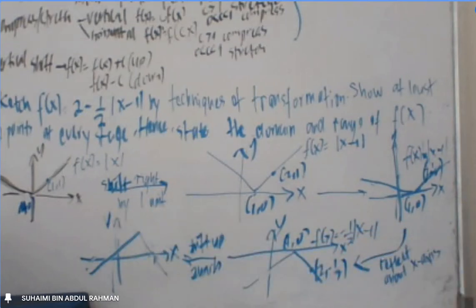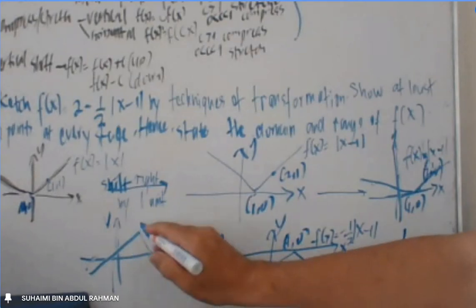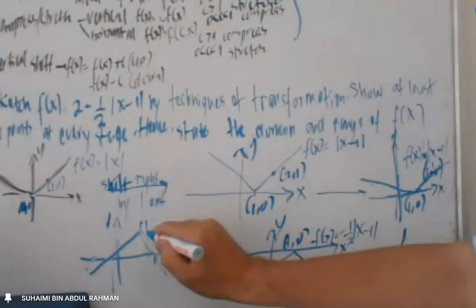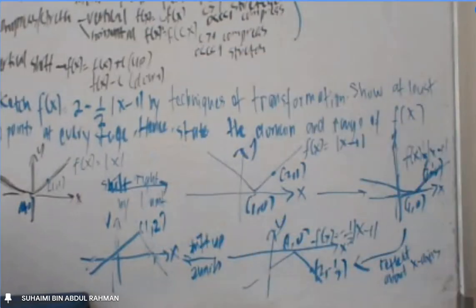We shift up 2 units. The point (1, 0) will go to (1, 2), because we shift it up.